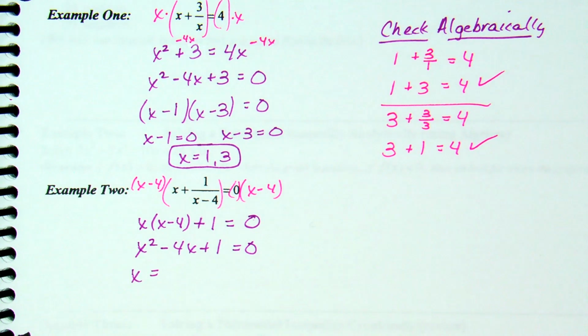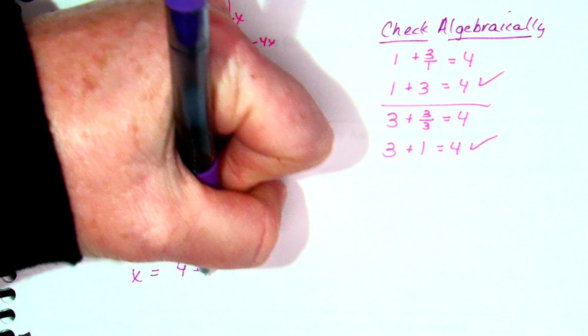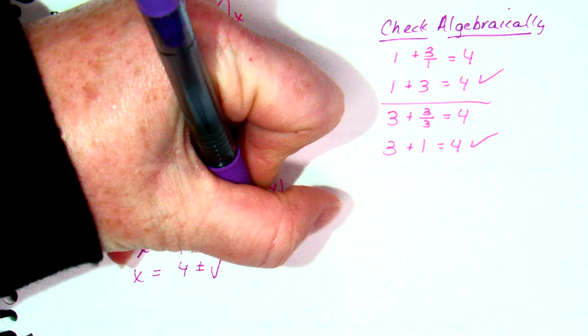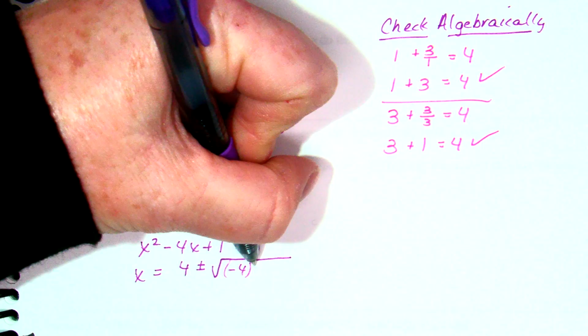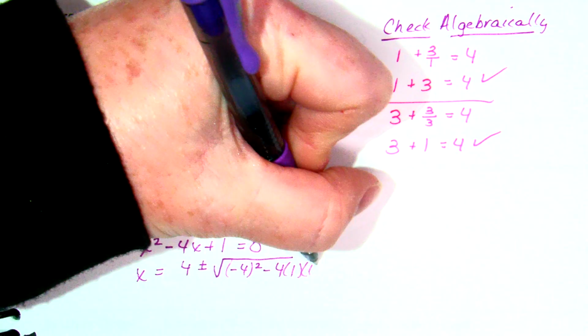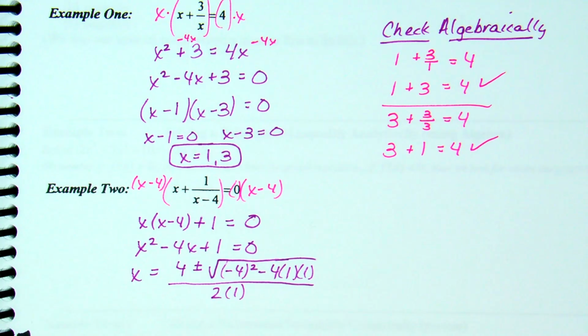x equals negative b, so that becomes positive 4, plus or minus the square root of negative b squared, negative 4 squared, minus 4ac. So minus 4 times 1 times 1, all over 2a, so 2 times 1.